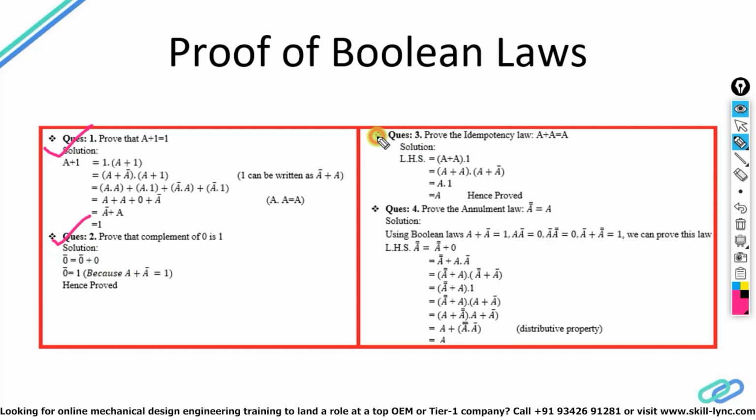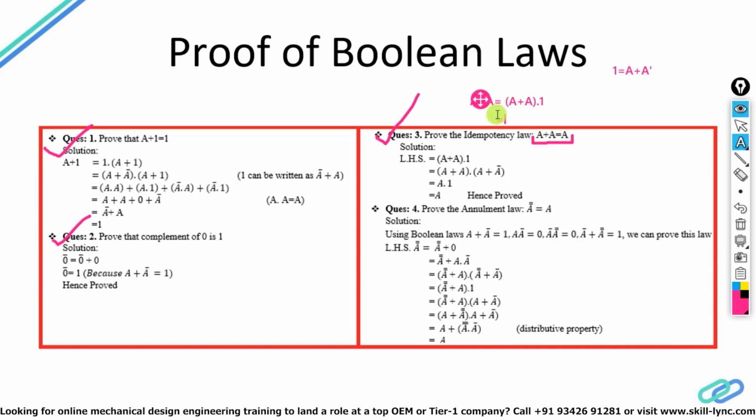Okay, so the third is to prove the idempotency law, A plus A equal to A. Now we have to prove that A plus A is equal to A. So how will you proceed? The same thing here. I am starting with the left hand side, that is A plus A. It can be written as A plus A into 1. Again, 1 can be written as A plus A bar.